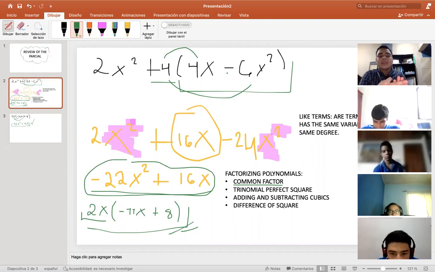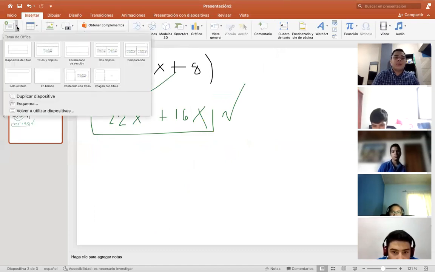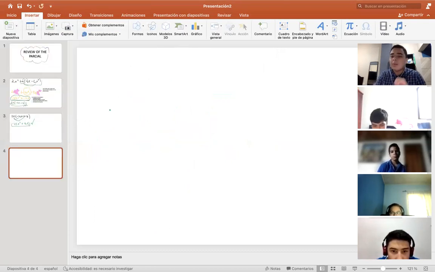We practiced how to factorize a polynomial, and at the end, how to verify by multiplying polynomials if our factorization is correct or not. So it was a very good exercise because we practiced those things. Now, let's continue. Remember that if you have questions, let me know.